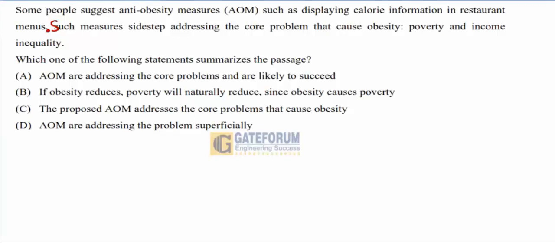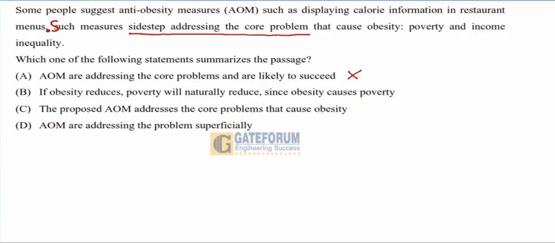Let us check. The first one says AOM are addressing the core problems and are likely to succeed. Well, it has been very clearly said that AOM sidestep addressing the core problem. Sidestepping means avoiding. So they avoid addressing the core problem. So this will definitely be wrong.